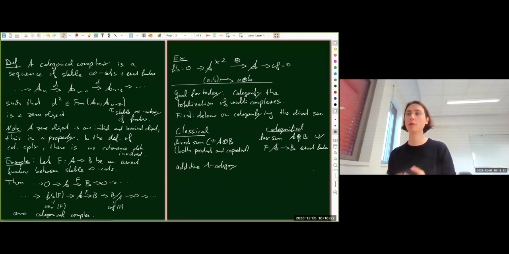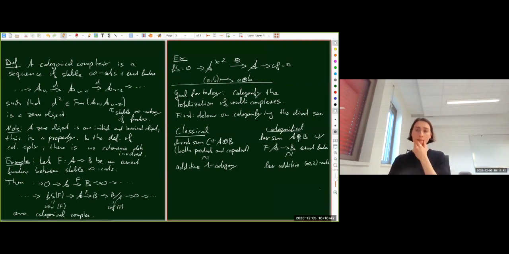But there's a more general datum which you can put in, similar to taking the cone. So these direct sums live in additive one-categories, and these lax sums live in what we call lax additive infinity 2-categories. Right.